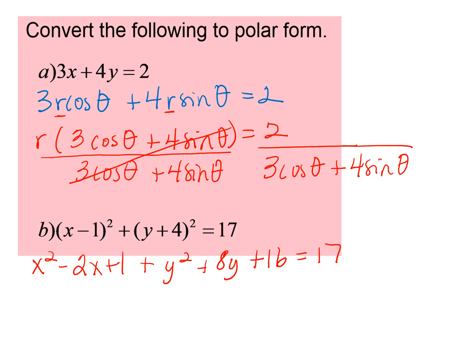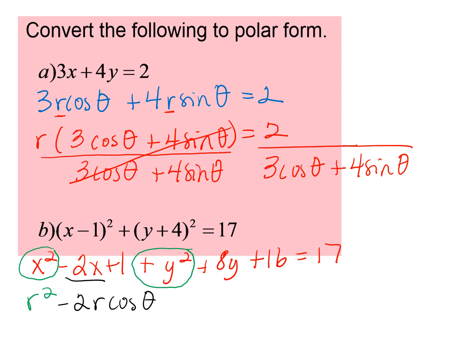You know me and my colors, so here we go. If I take the x squared plus the y squared, I know I can replace that with r squared. Then, if I take this minus 2x, remember x is equal to r cosine theta.